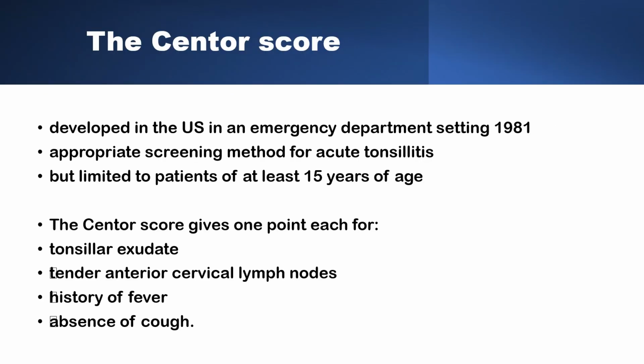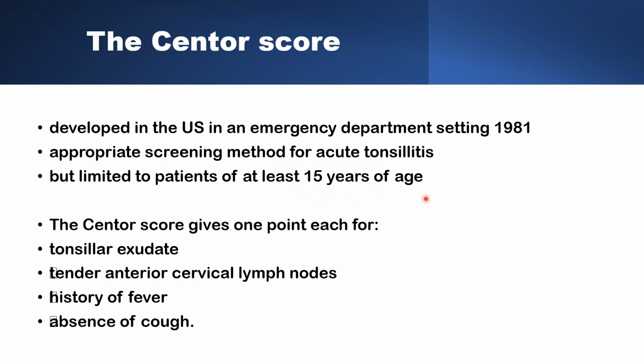We'll go through 3 clinical scoring systems that are currently used for risk stratification of acute sore throat patients. The first is the Centor score, which was developed in the USA in an emergency department setting as early as 1981. It's limited to patients who are at least 15 years of age.